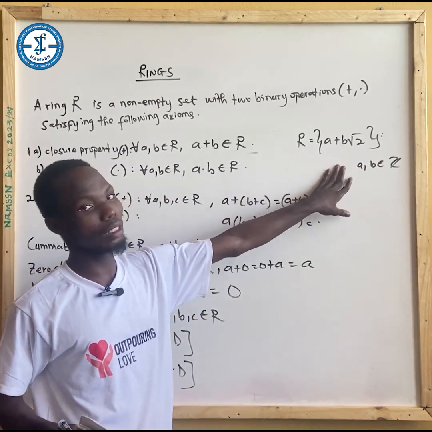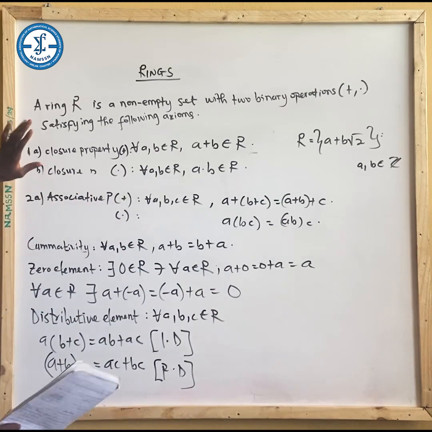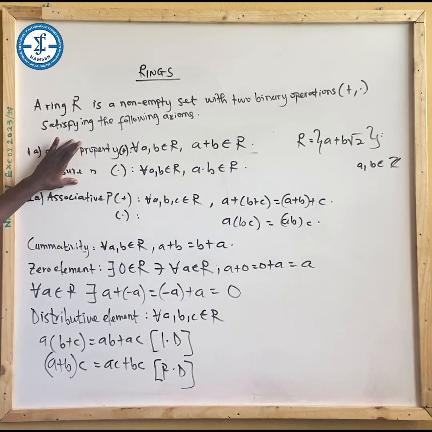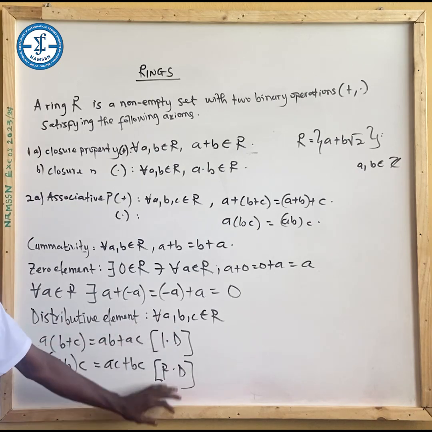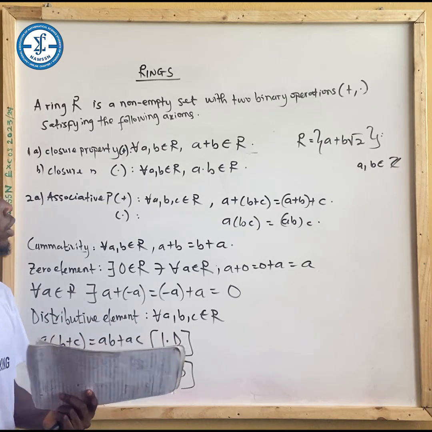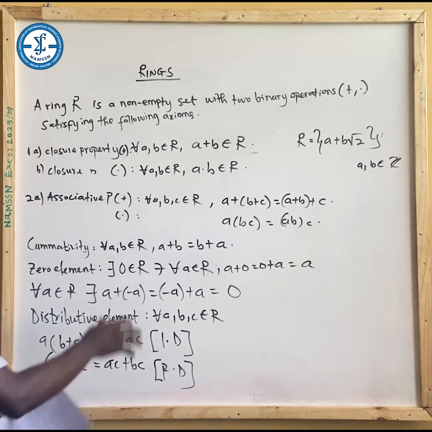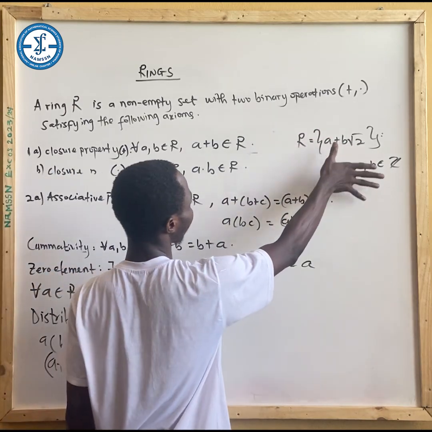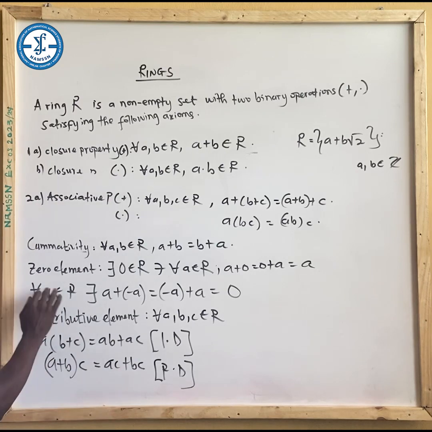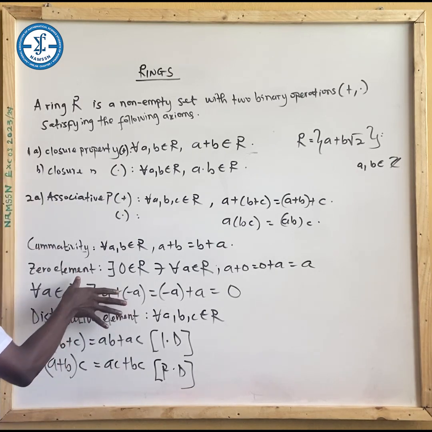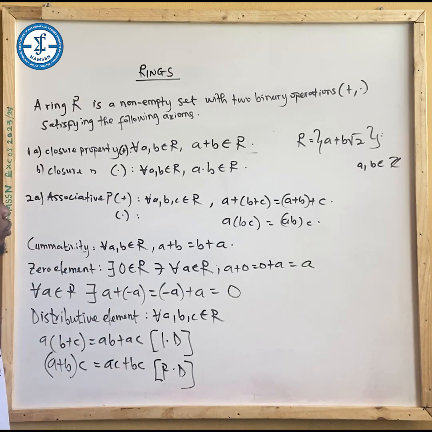So for us to show that this is a ring, we have to show that it satisfies the closure property, associative property, it is commutative under addition, existence of zero element, it has the distributive property, both left and right distributive. So I'll be using these properties here to solve this question. I might not be able to solve everything. I can just stop at the zero element and then I can leave the rest as an exercise for us to do.